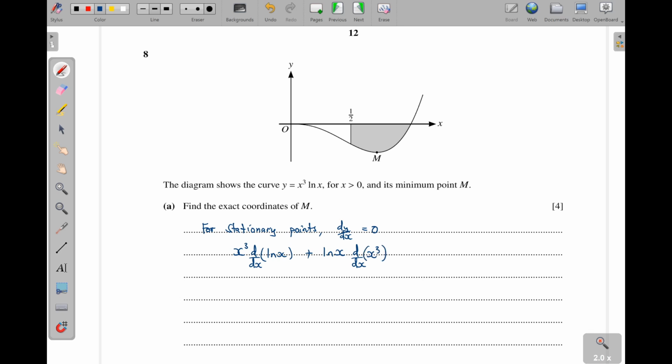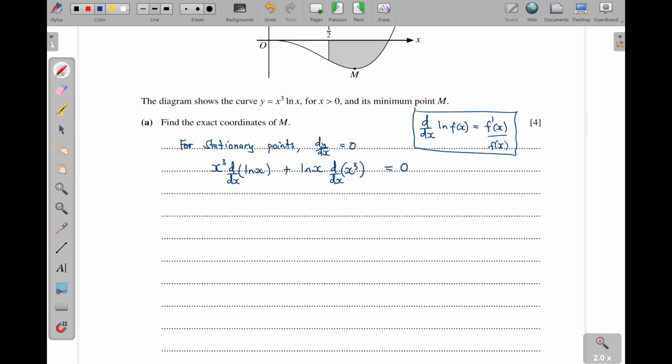Then from there I will equate this one to 0. Remember, when you differentiate a natural log of a function, you get that function differentiated, then you divide by that same function. So that is what we are going to use there.